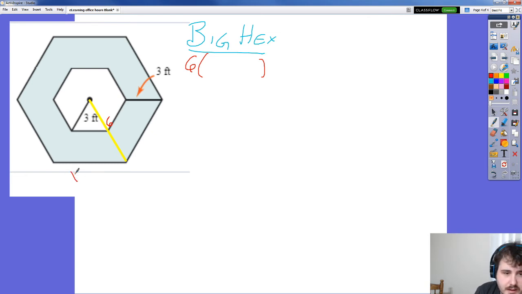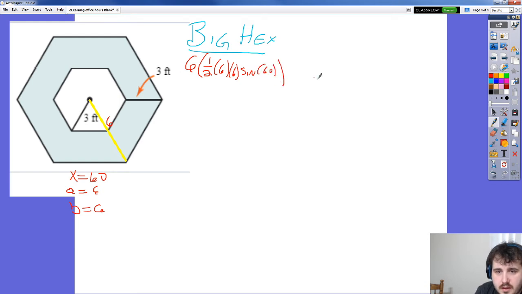So x is 60, and A and B are 6. So we're just going to do 1/2 A B sine of x, and then I'm just going to put that in the calculator.